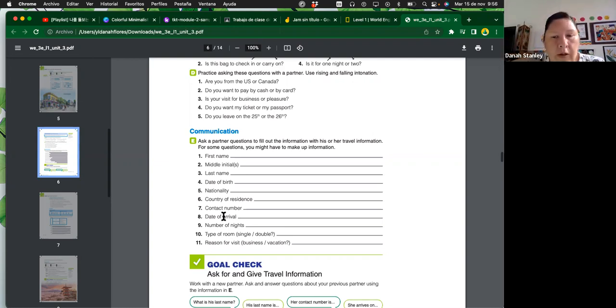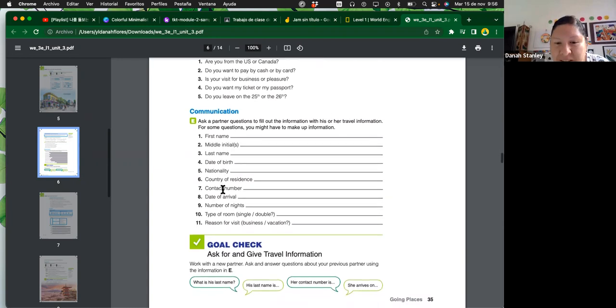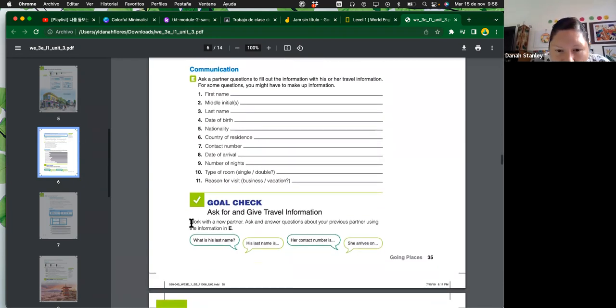I'm observing. I'm testing. If I catch that something is not correct, I teach again and then I test. Y aquí lo puedo hacer, work with a new partner and ask and answer the questions about your previous partner using the information in E. Entonces es another test. ¿Ya vieron?